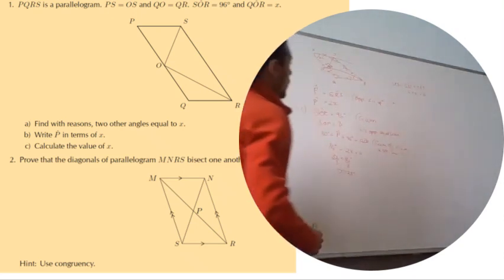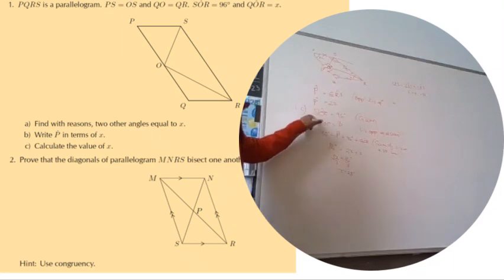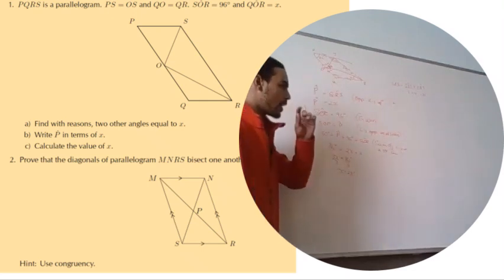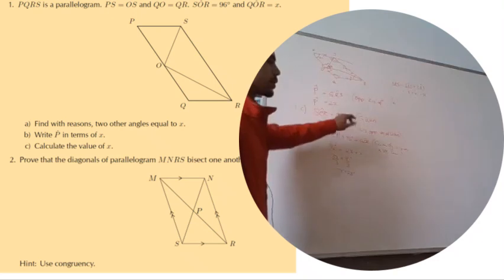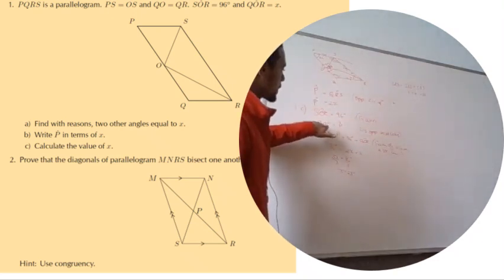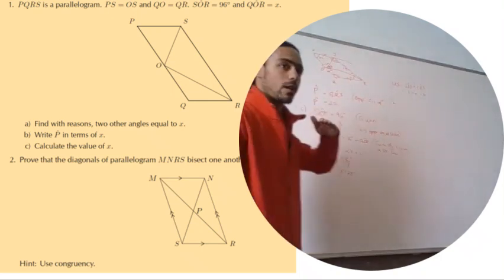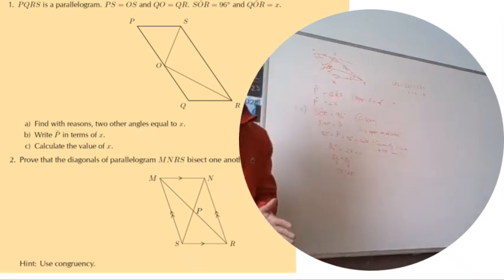Good. Learners, so we can see that we can now say for 1C that they ask us to calculate the value of x. So we're going to work in the small triangle here at the bottom quickly. We know that angle SOR is equal to 96. Remember in geometry we always need to have a statement accompanied by a reason.